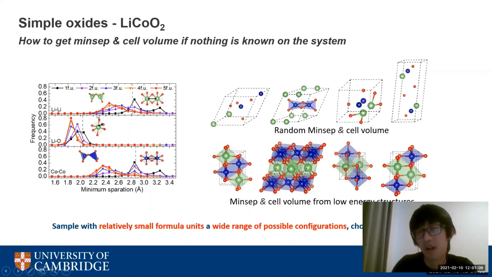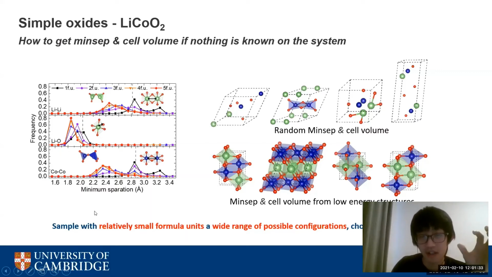However, in this case, we don't really use this small value because we know that the low energy structures actually have a different bond length compared with the minimum one. So we took the minimum separation values from the low energy structures of the search.